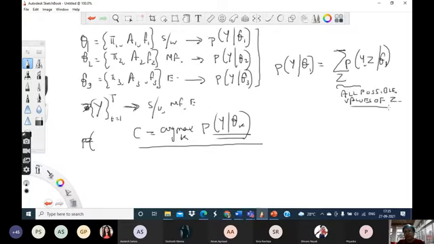Remember that this is not so easy as to just calculate a sum over z, because z is not a single thing. It's actually a collection of z1, z2 all the way up to z capital T, right? And each of these can take capital K different values. So when I am saying all over z, how many values can z itself take?